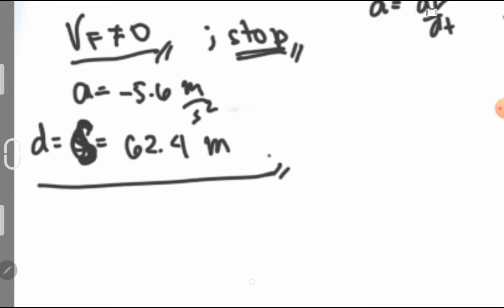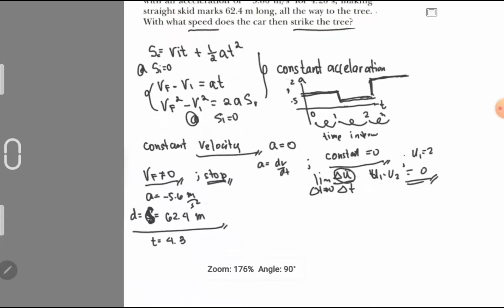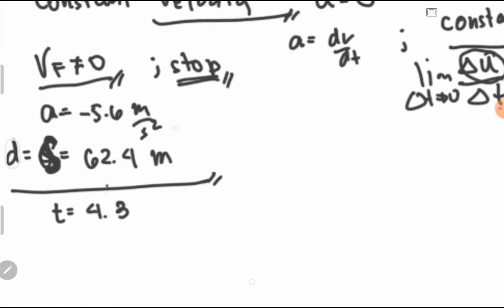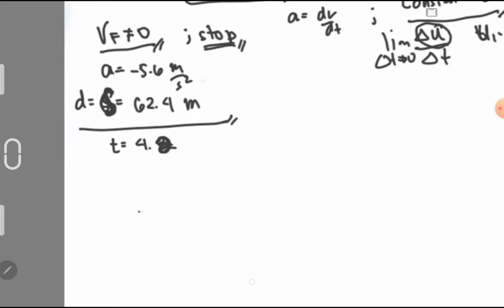So you have 62.4 meters, and then the time equals 4.2 seconds. This is the time wherein the car traveled.